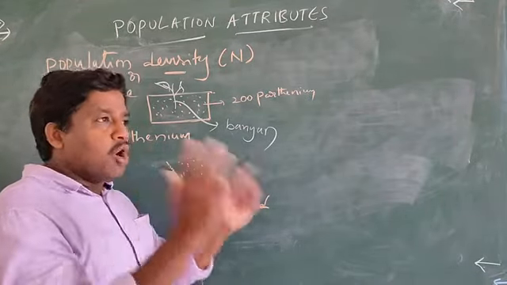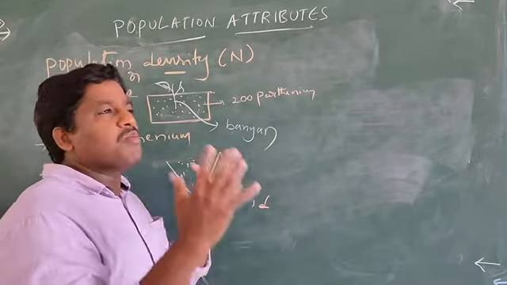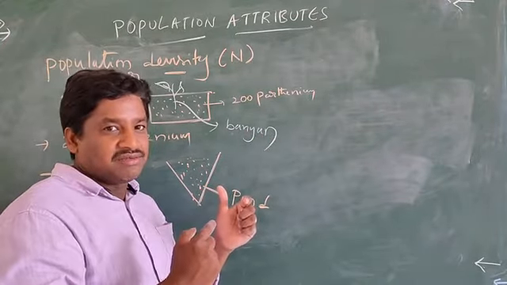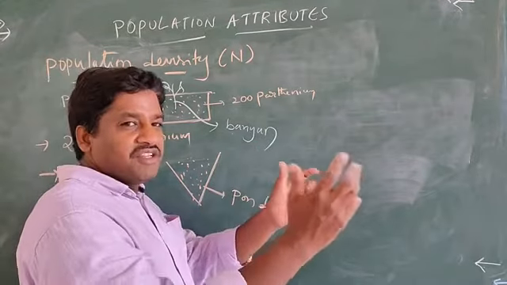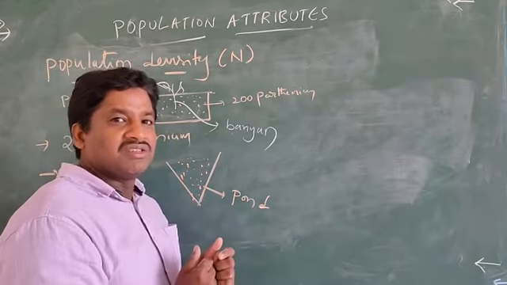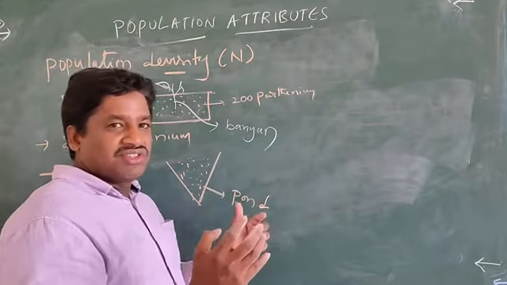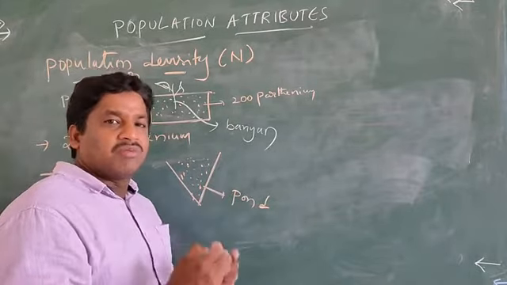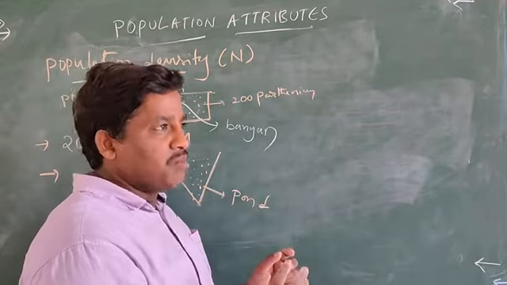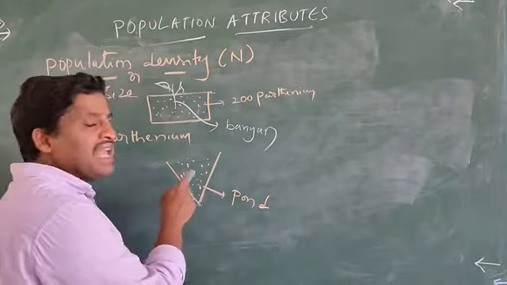That means how much the fisherman caught. Suppose the fisherman caught more, that we call relative density. Suppose the fisherman caught very few fishes, then in that area the population density is very low. So how much, more or less, the fisherman caught, that we call relative density. So this relative density is based on finding the population density in an area.